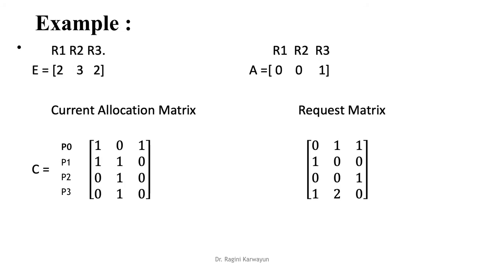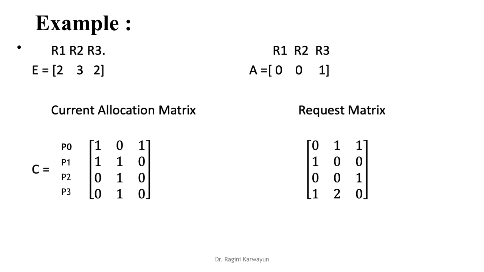So what we will do is see whether these requests can be satisfied. 0 1 1 is not less than or equal to A. 1 0 0 is also not less than or equal to A. 0 0 1 is equal to A, so we can satisfy the request of process P2.